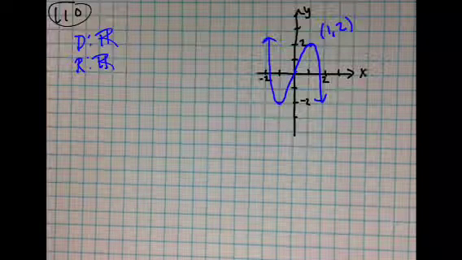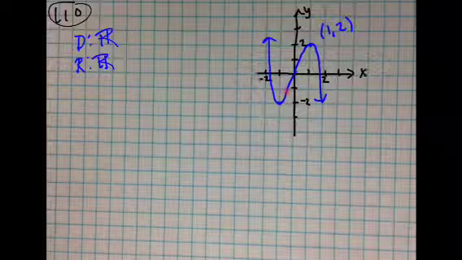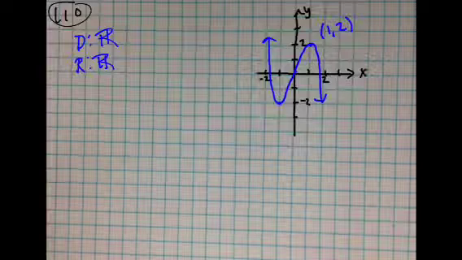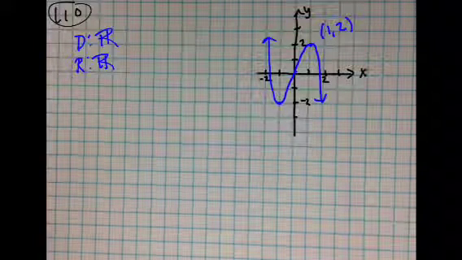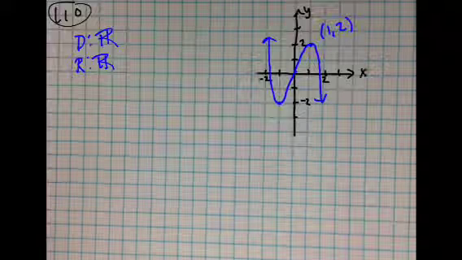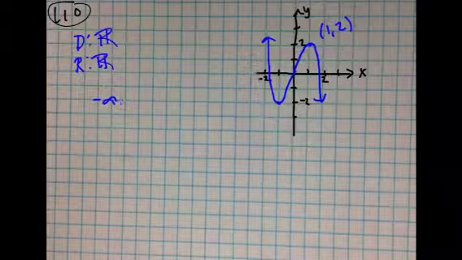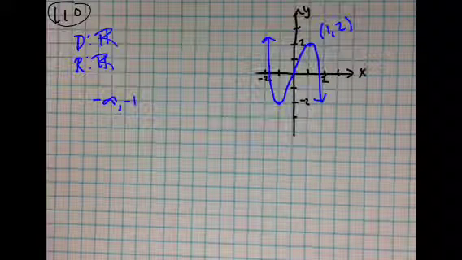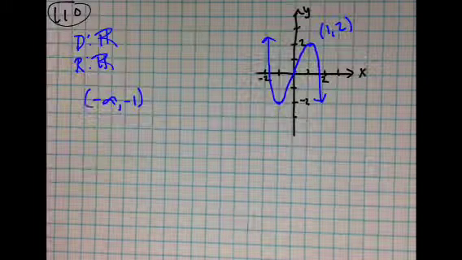From -1, -2 all over here, it's increasing. Okay, the value is going up. And then from 1, 2 on to the right, the value continues to decrease. So you would write from -infinity to -1, because I'm going by the x values, it's increasing.